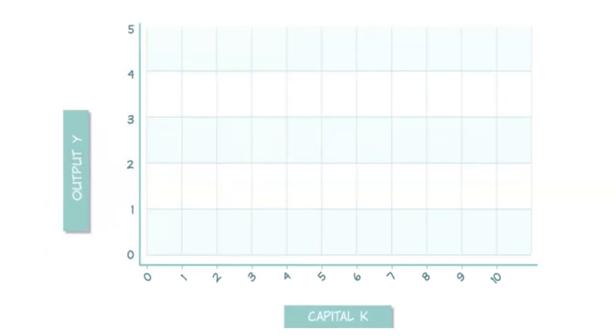Okay, this is another diagram. This basically shows that the output is still increasing. It's going up to 1, then to 1.5, now it's going up to 2, and now it's increasing up to 3.